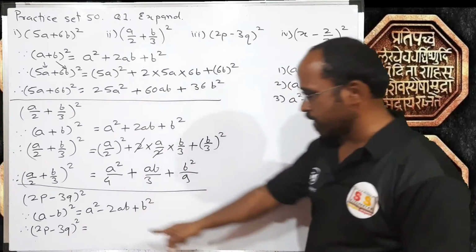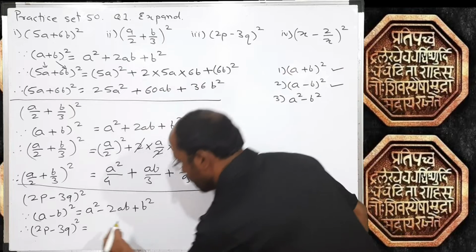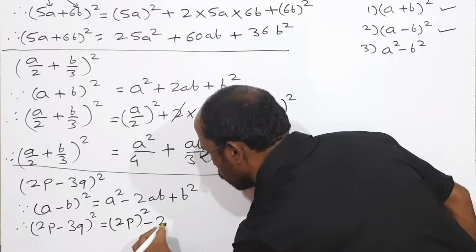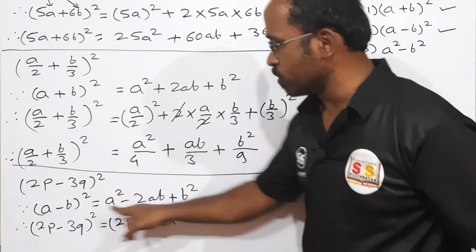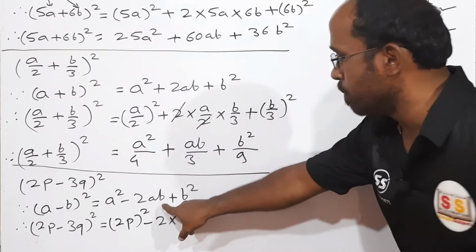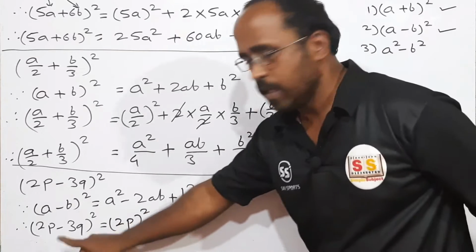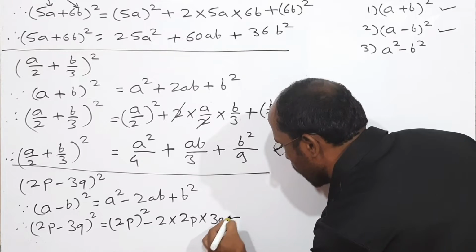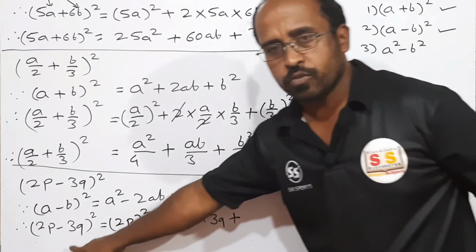So let's use it. A square means square of 2p minus 2 into a, at the place of a replace 2p, multiplied by b. So at the place of b let's write 3q, plus b square means square of 3q.